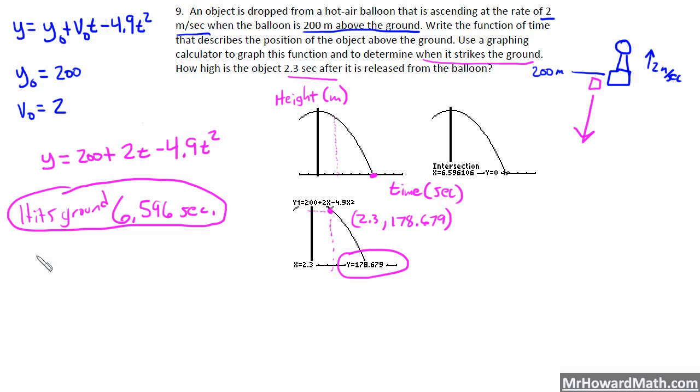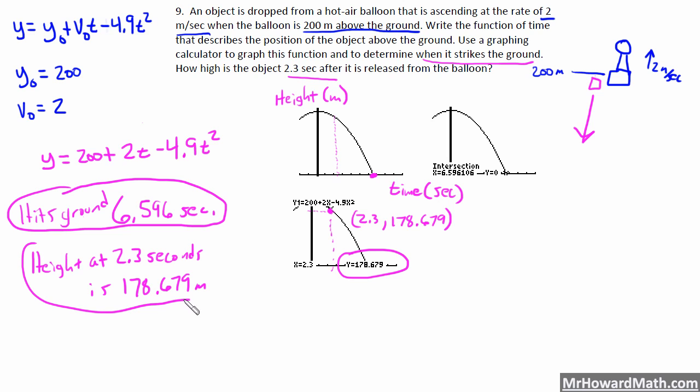So the height at 2.3 seconds after it's been dropped is 178.679 meters. Okay, so there's our last answer right there, 178.679 meters at 2.3 seconds, and it hits the ground 6.596 seconds after it is dropped.